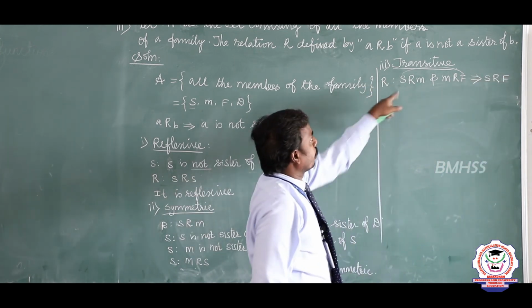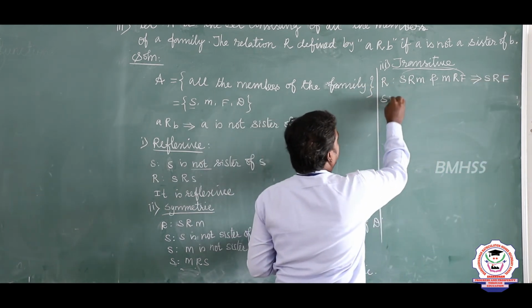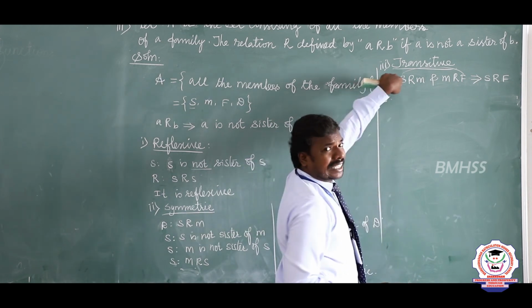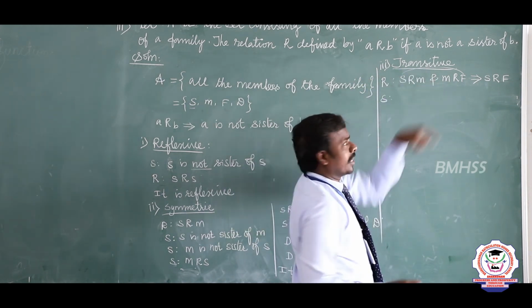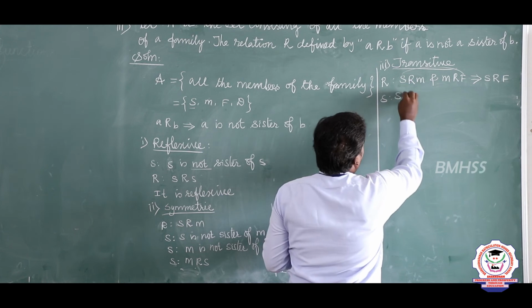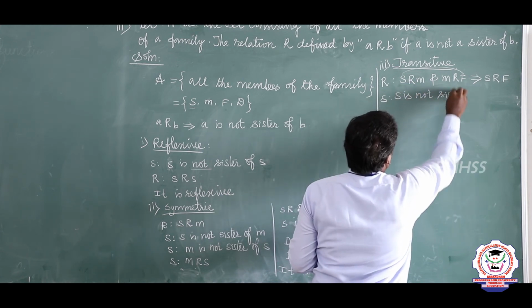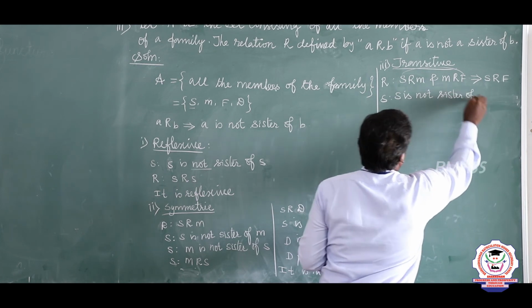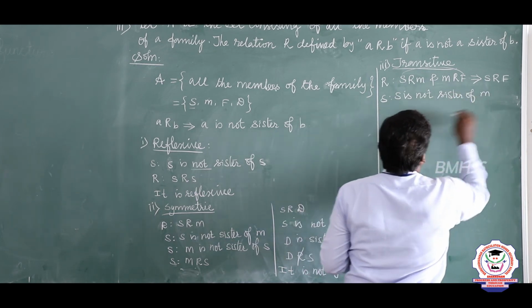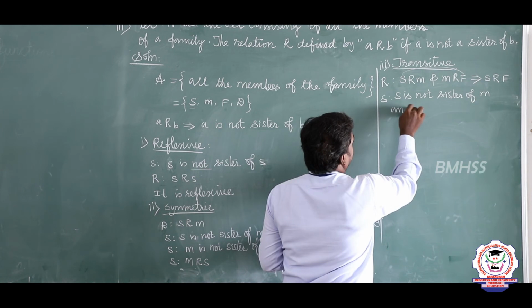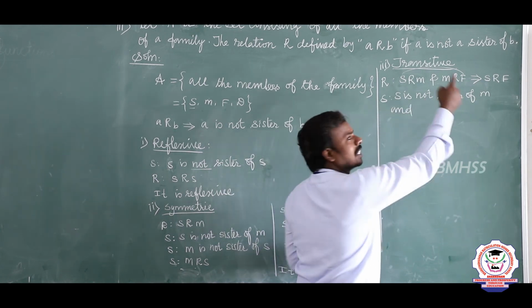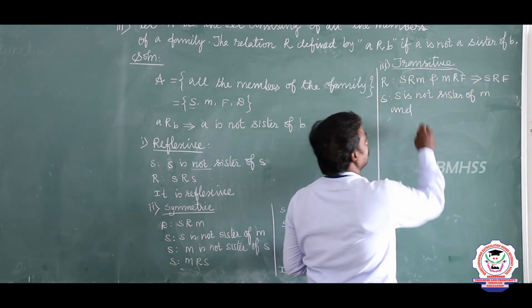Now you listen. In the statement I am going to write, son is not sister of mother. S is not sister of mother M, and same thing, mother is not sister of father.